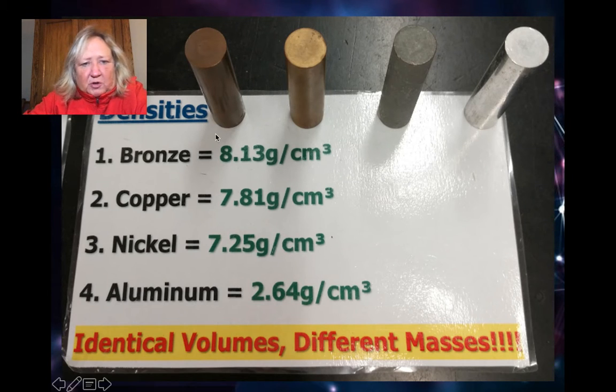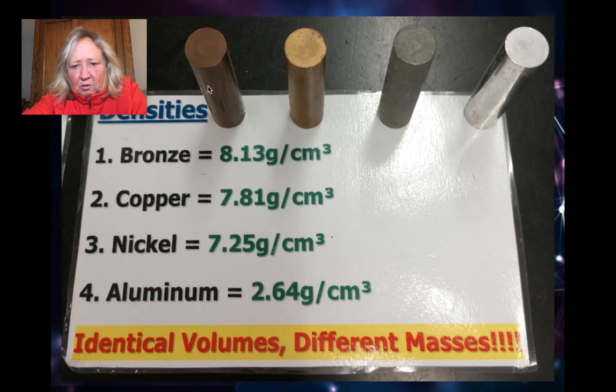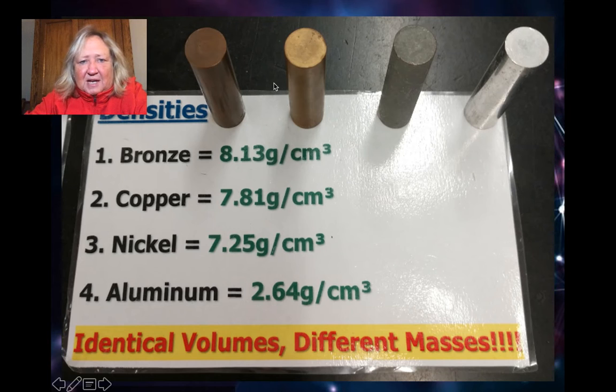So if you were to put this bronze on a balance, or the copper or the nickel or the aluminum, again, they would all have different masses, but they're all the exact same size. So when you would divide the mass by the volume, this is the densities you would get. Again, when you get in high school, you'll be able to identify substances based on what their densities are.